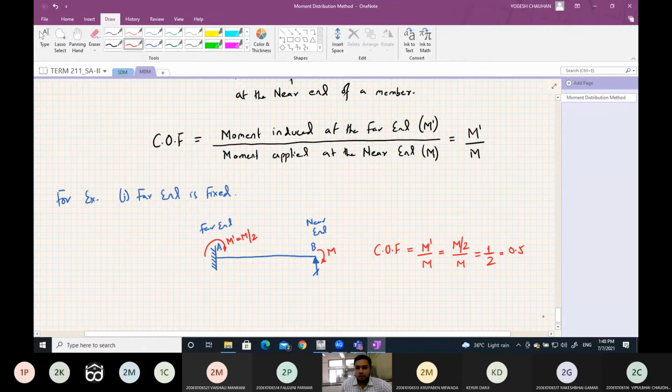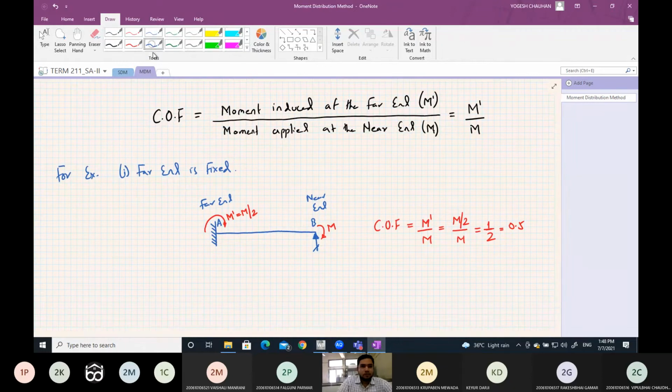Okay. Similarly, for the second case, let us say far end is hinged.